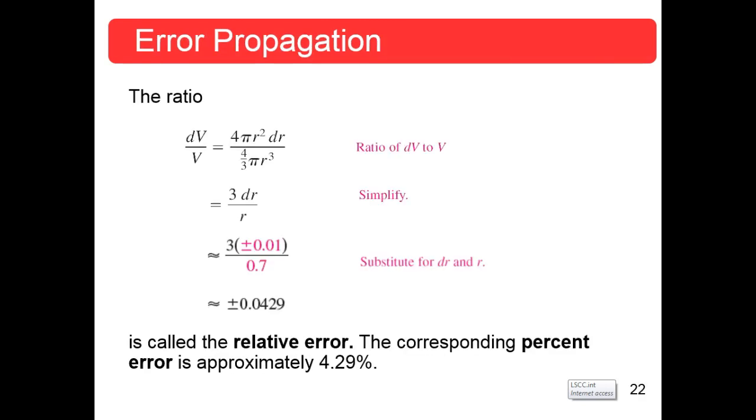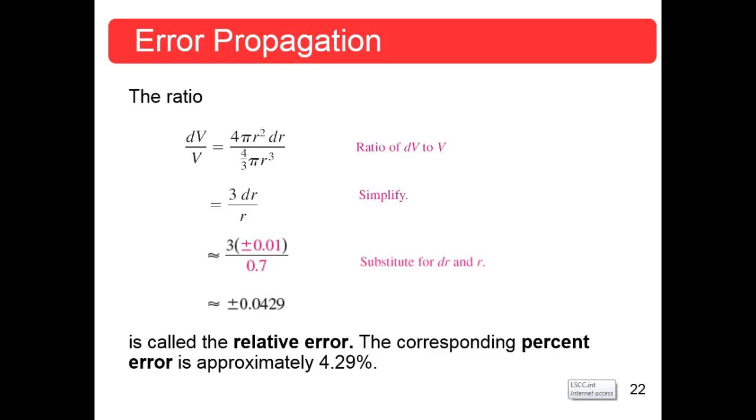Now that ratio, they're getting into something different now. This is the propagated error to the actual volume, dV over V. And if this happens, the 4's go away, the pi's go away, and 2 of the r's go away, and you wind up with 3 dr over r.